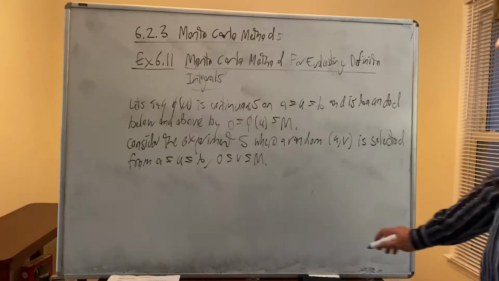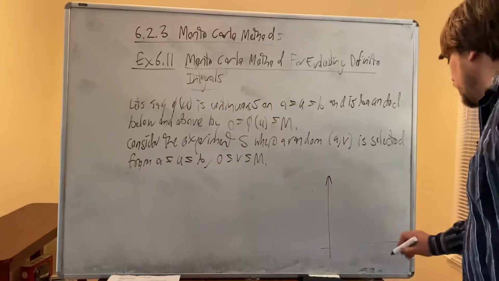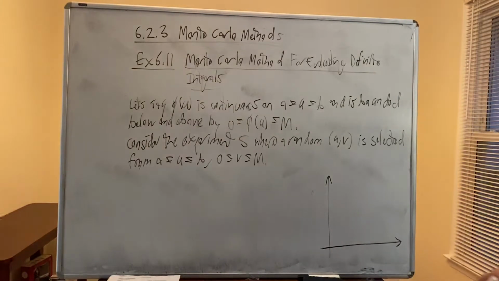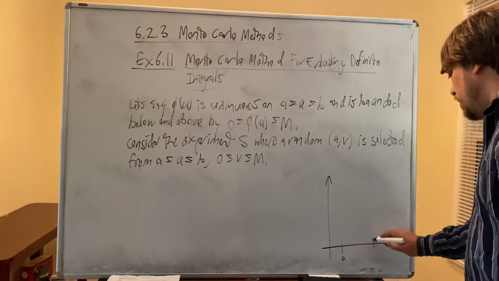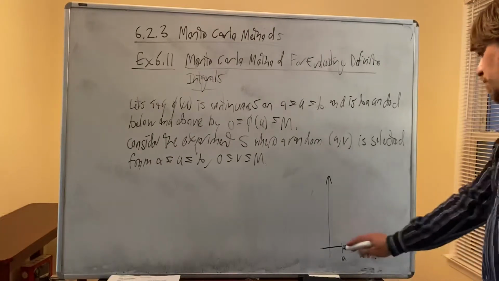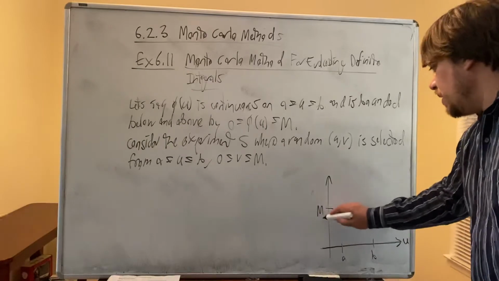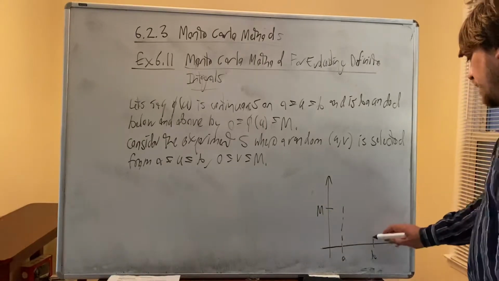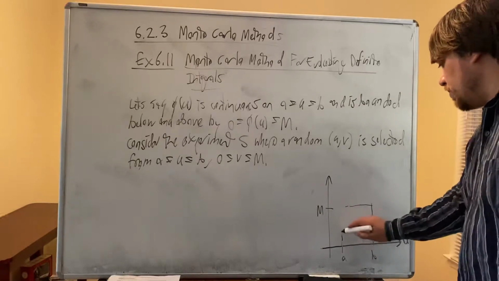Okay, so let's look at the picture. Let's say you have this axis and this axis. And so let's say u is going from A to B. So this is the u axis. U ranges from A to B. Little v ranges from 0 to capital M. And so there's A here, here's B here, here's capital M there.